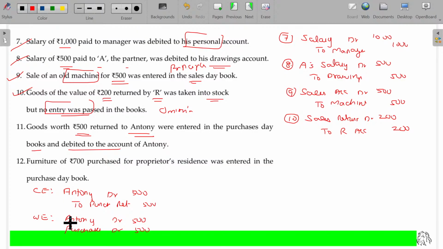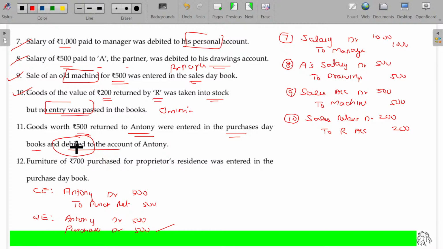Goods worth 500 returned to Anthony. Then Anthony to purchase return is the correct one, but they have entered it in the purchases day book. The total of purchases book will be transferred to the debit side of the purchases account. But for Anthony, it was wrongly debited. So purchases is also debited, Anthony is also debited. This is happening only because of the practical accounting system.